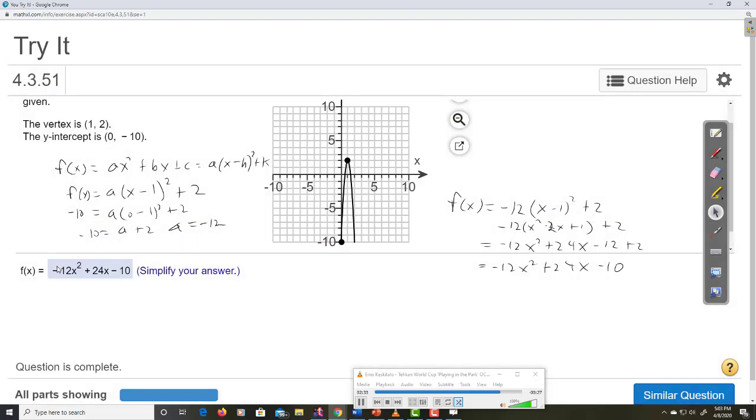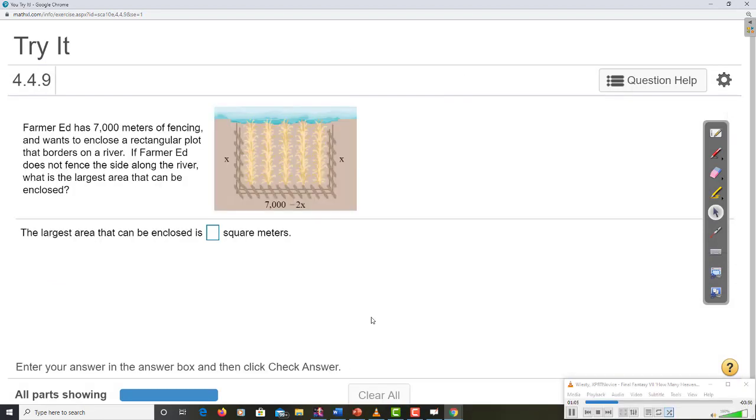Let's do some application problems. We're going to start off with this based on exercise 9 from our textbook. This is almost a little easier than it might be because they give us a lot of help by how they drew the picture. So it says Farmer Ed, one of my cats is named Ed, by the way. Farmer Ed has 7,000 meters of fencing and wants to enclose a rectangular plot that borders on a river.